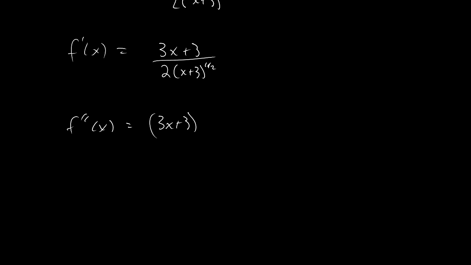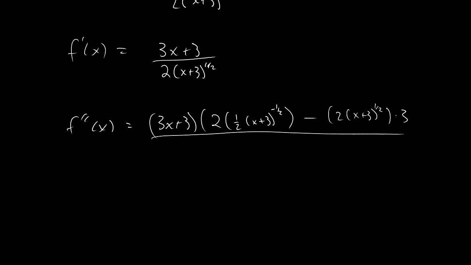So the top times the derivative of the bottom, which would be 1/2 (x plus 3) to the negative 1/2, minus the bottom times the derivative of the top. The derivative of the top is just 3. That's nice. All over the bottom squared.